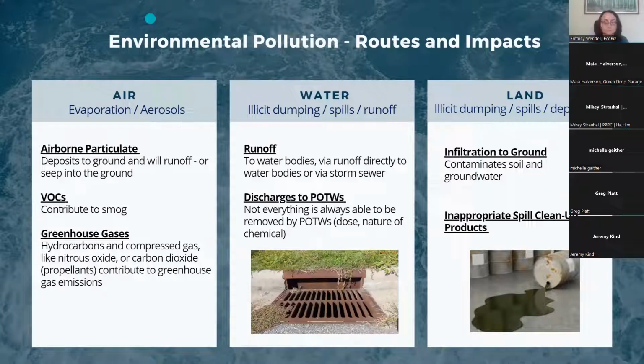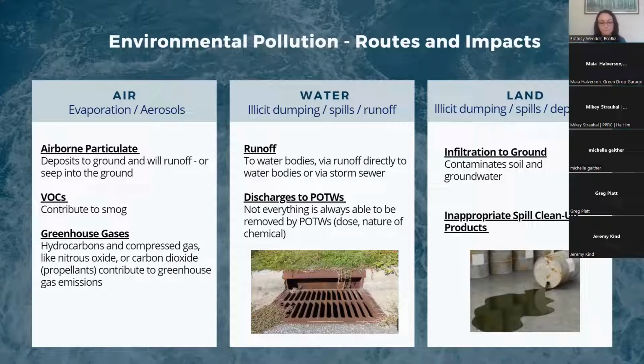So how do these things get into our environment? There's exposure to humans, but they get into our environment as well. And so into the air, we have airborne particulate, which can deposit to the ground, eventually run off and seep into the ground. We have the VOCs that can become released to the atmosphere, contributing to smog. And some of these aerosols especially have propellants and hydrocarbons that contribute to greenhouse gas emissions.